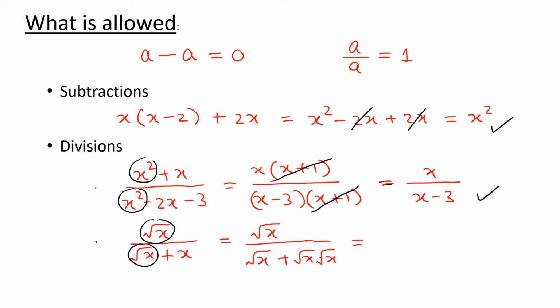Now you can pull square root x out of the numerator and out of the denominator, and you end up with 1 plus square root x. Now you can cancel the common factors. You cancel only common factors. Then you end up with 1 over 1 plus square root x. You do not get that if you cancel square root x with x, which would give 1 over 1 plus x, but that's not right. That's not what you get.